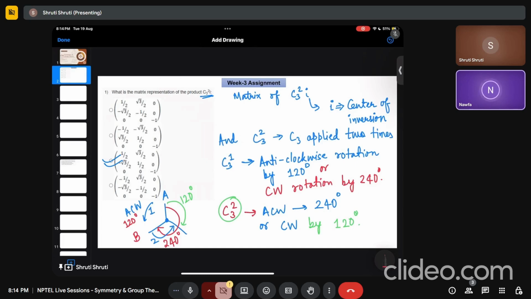Ma'am, is there any other book other than F.A. Cotton? Like something that is easier to understand? In the first lecture, I gave you some books, right? Yeah. Okay, ma'am, fine. I'll go through that.